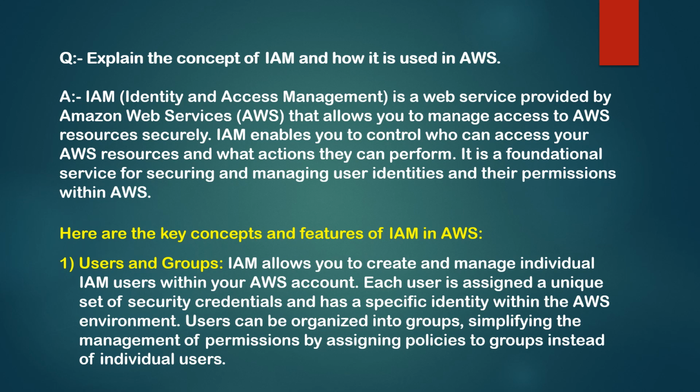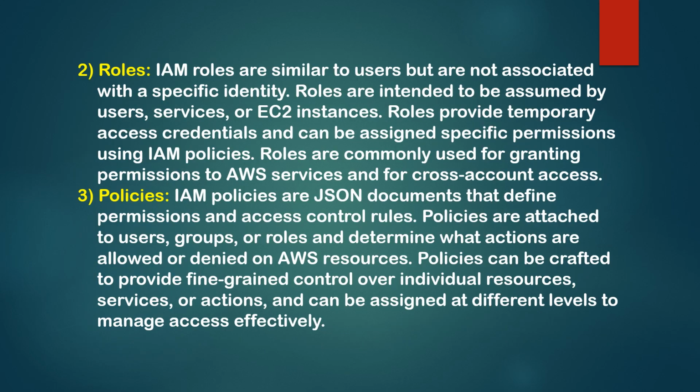Each user is assigned a unique set of security credentials and has a specific identity within the AWS environment. Users can be organized into groups, simplifying the management of permissions by assigning policies to groups instead of individual users.